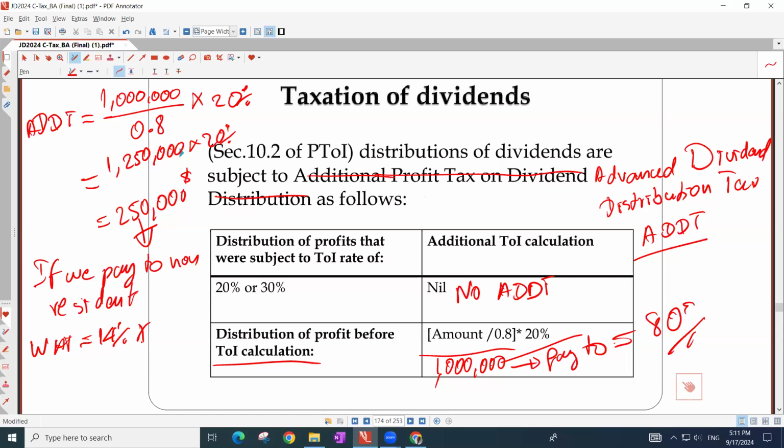Yeah, that's very interesting because you see, withholding tax 14%, you should pay, but you have difficulty figuring out what tax base you would use in this case. 1 million or 1.25 million?